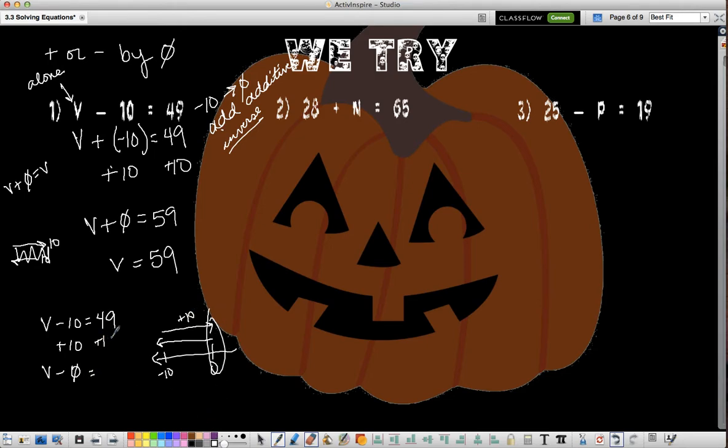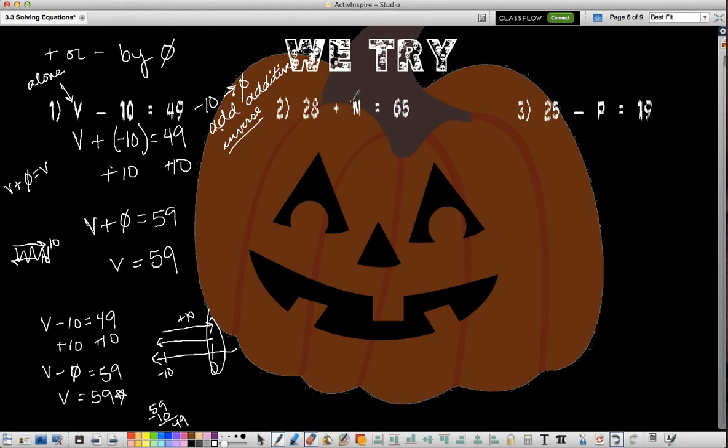But what I do to one side, I have to do to the other, so I get v minus 0 is 59. V minus 0 is always going to be v, so v is equal to 59. And if I go back and double check and do 59 minus 10, it gives me 49, so I know that this checks out. It works.